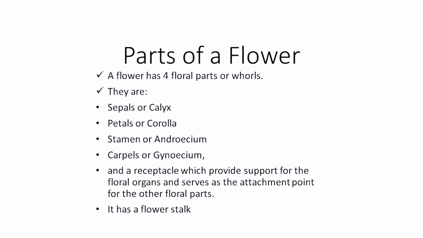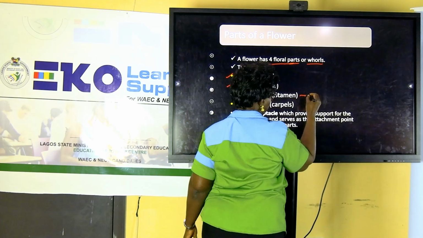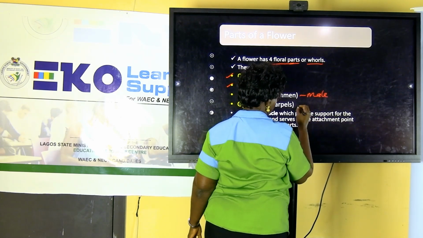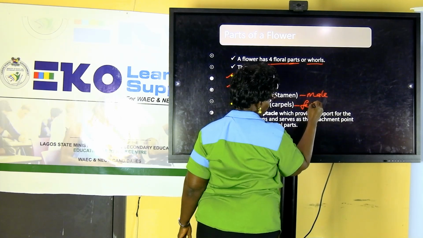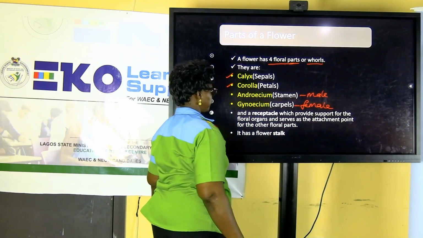The next part of a flower is called corolla, which we refer to as petals. We have another part called androecium, which is the stamen. The stamen represents the male part of a flower. And the last floral part is the gynoecium, which is the carpel, that is the female part. So the stamen represents the male part, while the carpels or gynoecium represent the female parts of a flower.